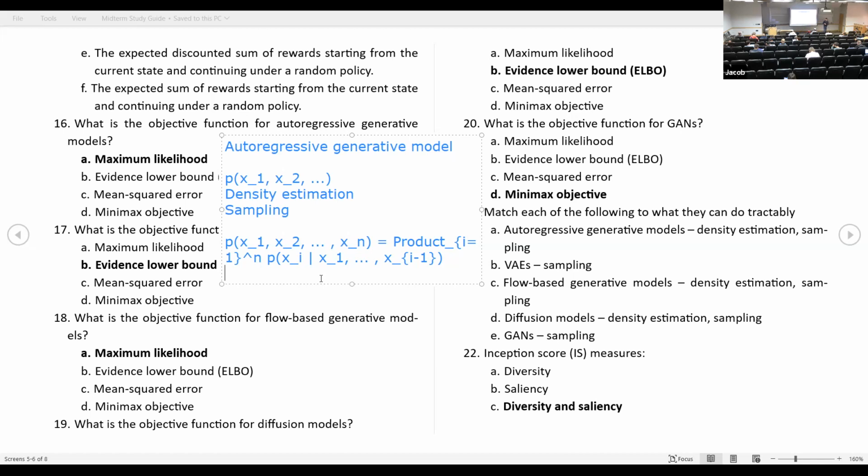Like Joseph said, we have a normal distribution, and we want to map our data into that normal distribution and back out of that distribution. That's the autoencoder part of it. On the left-hand side we have our data X, in the middle our latent space Z, and on the output we have the reconstruction of our data X.